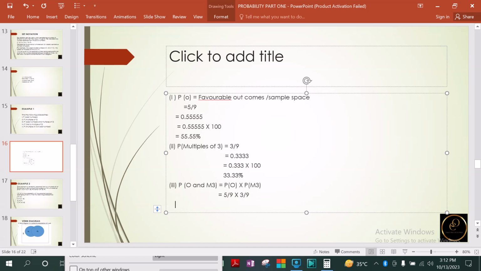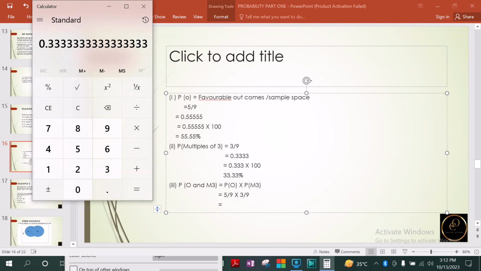In that case, that's like saying 0.555 times 0.333. Let me counter check.